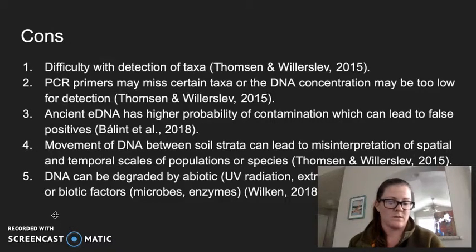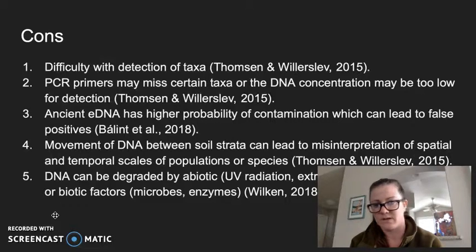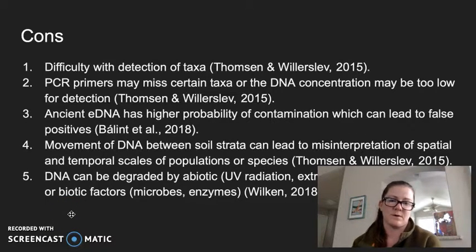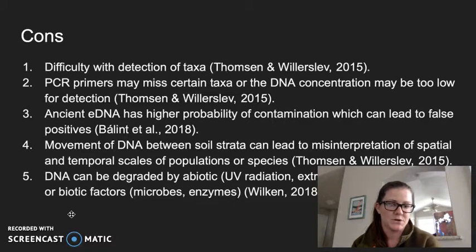So like, your strata in your lake, for example, can mess up your readings, I guess. And then the DNA can be degraded over time, either by abiotic factors such as UV radiation, temperature extremes, or biotic factors such as microbes or enzymes breaking things down, and that's a big con.